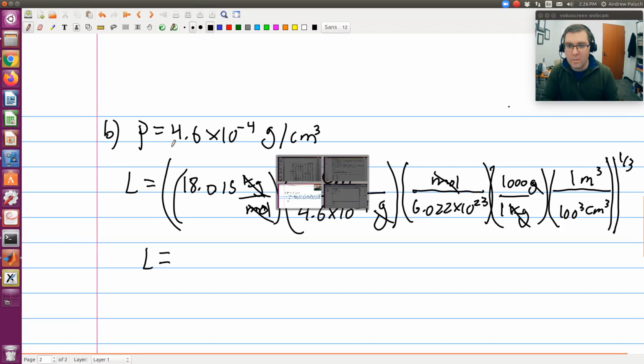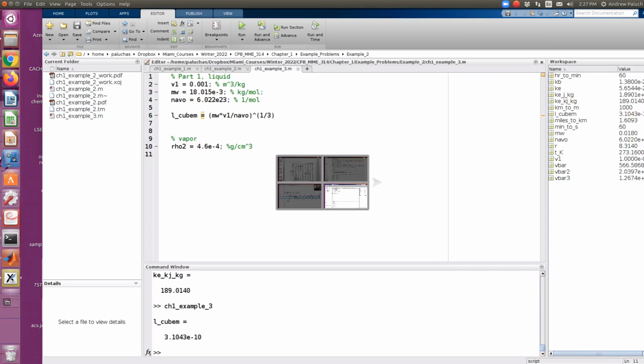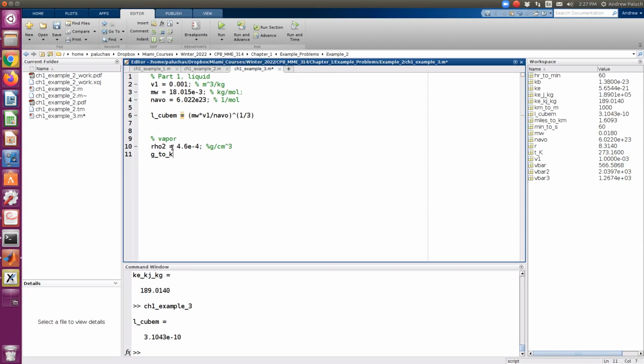We left molecular weight in that unit, but then we needed kilograms to grams, so it's just my 1,000. And we needed meters to centimeters, which is 100, then meters cubed to centimeters cubed, which is that conversion factor cubed.